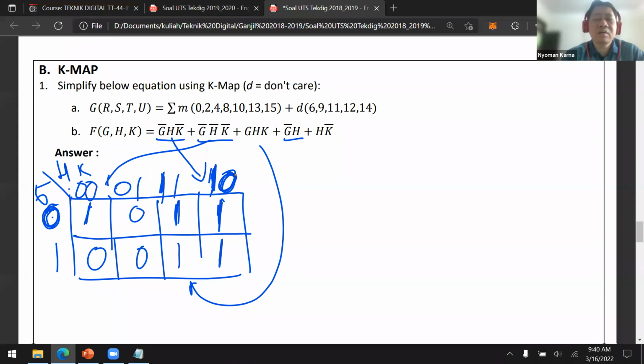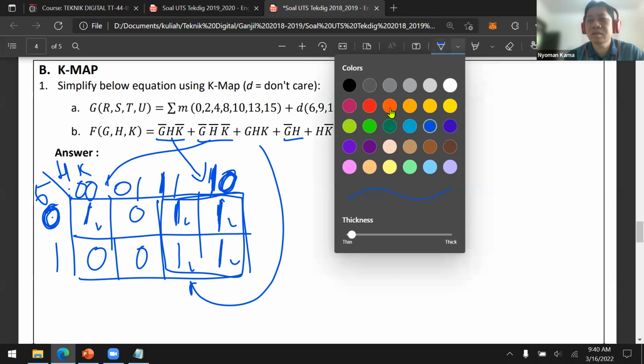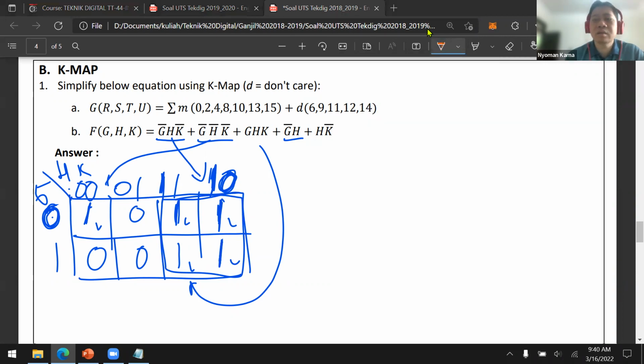Now, which cells are active? This is active, active, active, active. So can we create a group? Yes, this is a group. Sorry, let's try to use another color. Okay, so this is the group. How about this one?